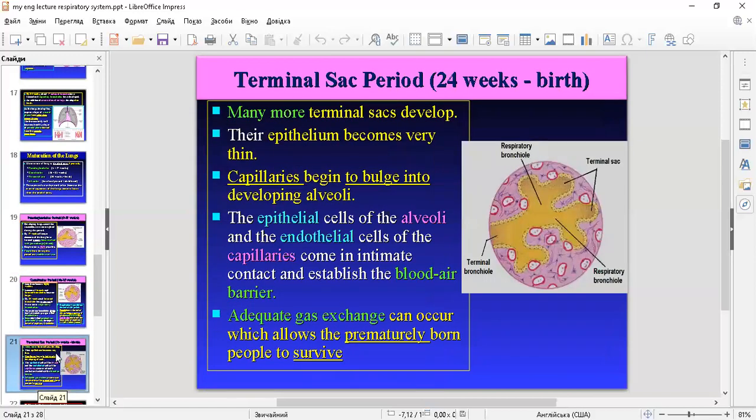Terminal sac period. Many more terminal sacs develop. Their epithelium becomes very thin. Capillaries begin to bulge into developing alveoli.